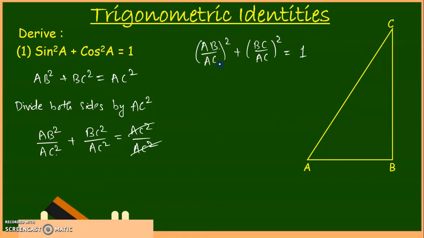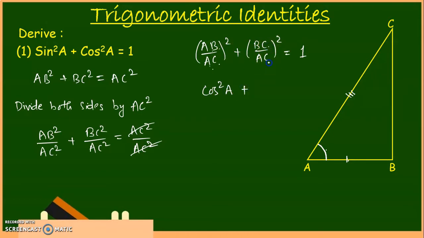Now this AB divided by AC. If you consider angle A here, then AB is the adjacent side and AC is the hypotenuse. So AB divided by AC, that is adjacent side divided by hypotenuse, which is cos A, so this is cos²A.